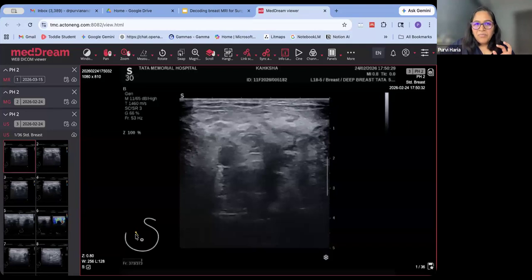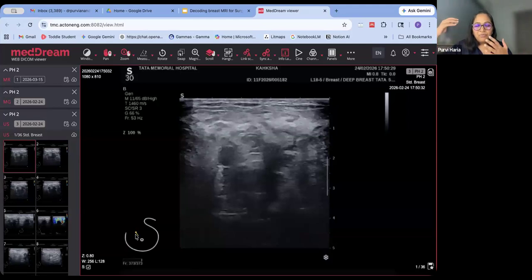Sometimes we specifically ask because there was some clinical radiological discordance, or there were some additional lesions seen on ultrasound that looked like disease extent, but we were not able to characterize the entire disease extent 100% on ultrasound.